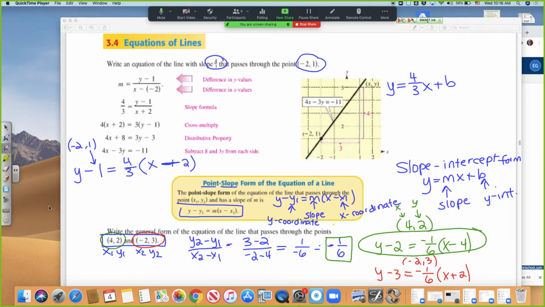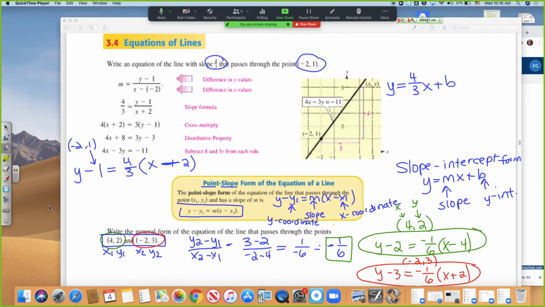So you have two different answers that are representing the same equation, and they are both correct. If I was to give you a traditional math test and I said create an equation in point-slope form, I would have to accept many different answers because as long as you used a point that's on that line and you put it into the formula correctly, you have the correct answer still.